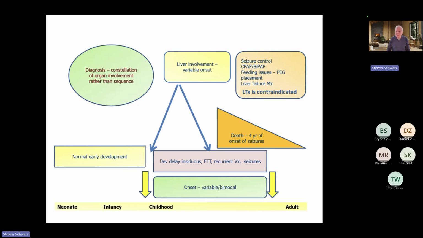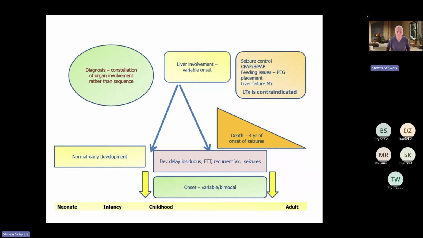Liver transplant is relatively contraindicated because these are systemic disorders. And if one does liver transplant, that's likely to recur. And secondly, it's not going to correct the disorders in other systems. Very variable, a variety of sequences, and the most important thing is having an index of suspicion.